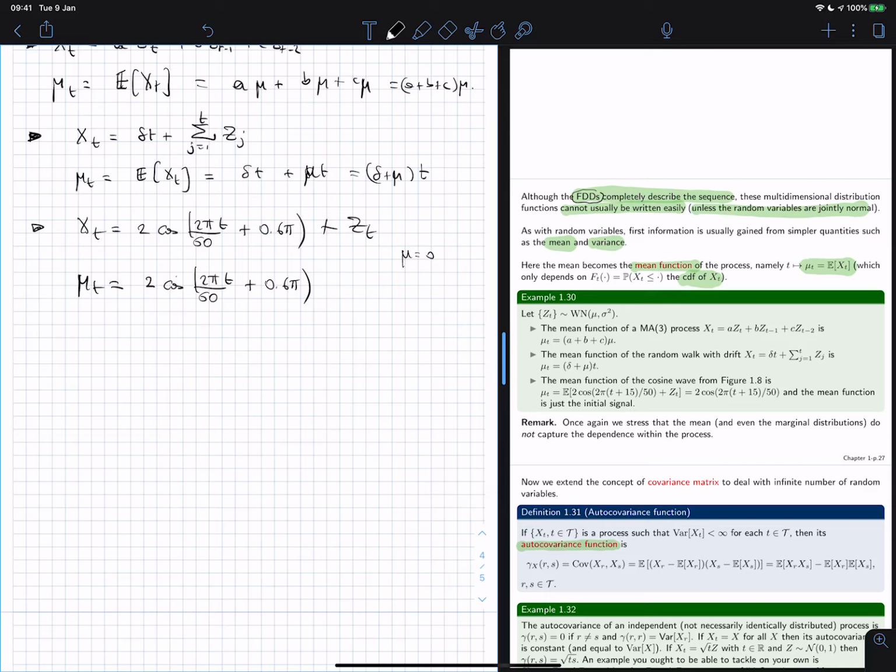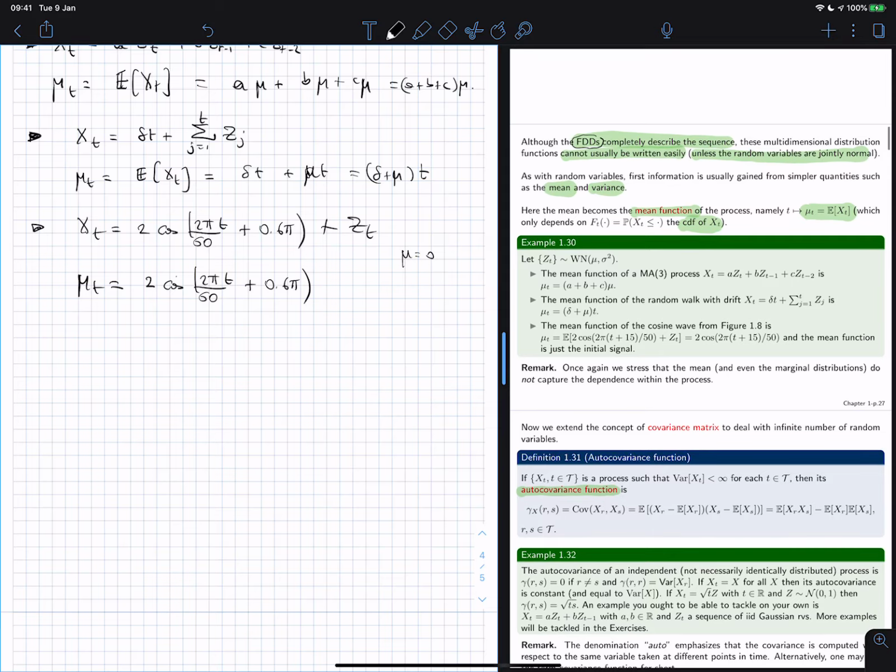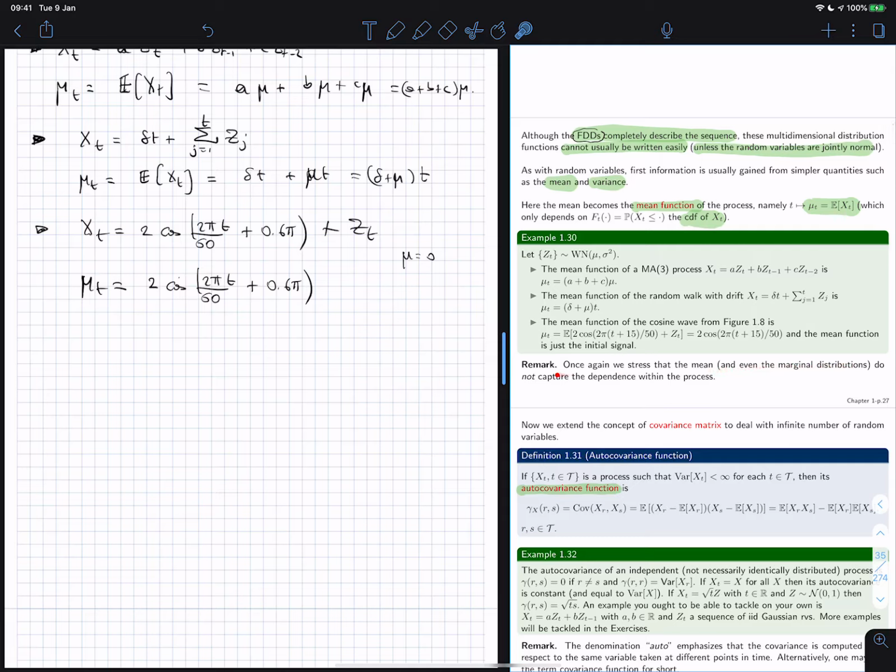Okay. So that's the basic computations. Once again, we stress that the mean and the marginal distributions do not in any way capture the essence of the process. You can have infinite variation of processes with the same mean.